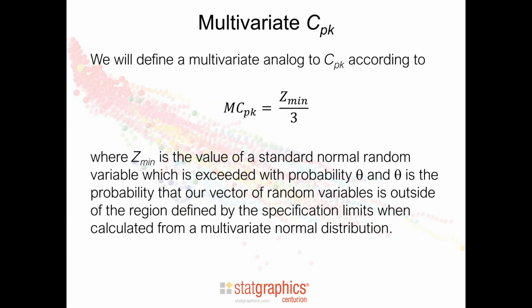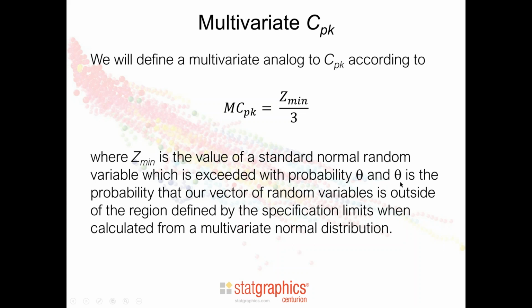So basically, I'm going to take the requirements of my M variables, and I'm going to take my fitted multivariate normal distribution. I'm going to calculate the probability of jointly being outside the specification regions from that multivariate normal distribution.